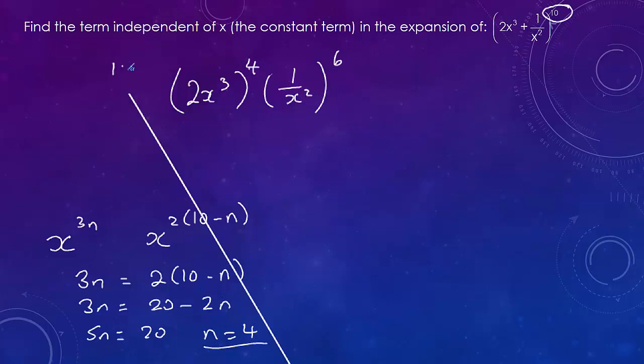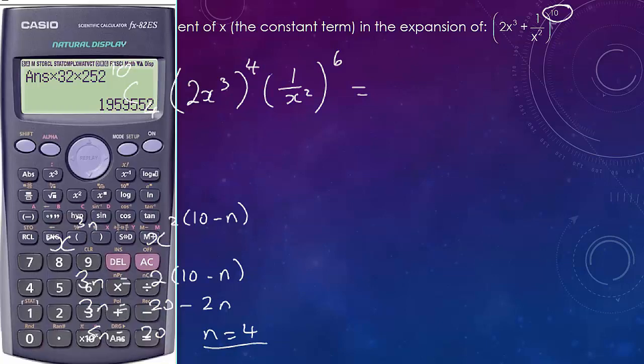And our coefficient is going to be 10c4. We could just as easily use 10c6 because 10c4 and 10c6 are equal. So what I'm going to need is, to start with, 10c4.